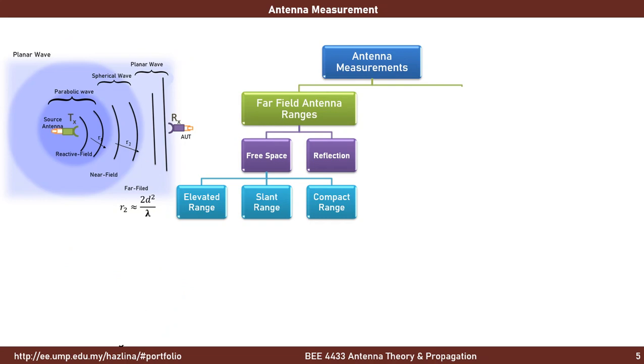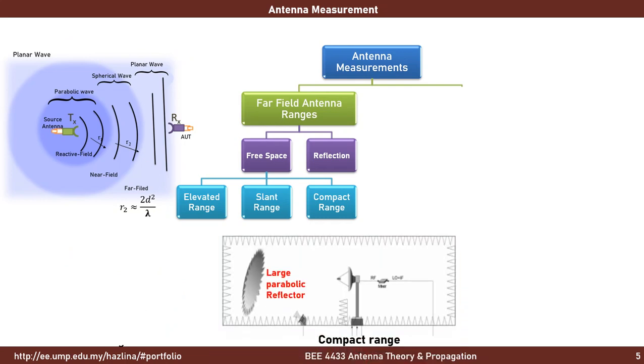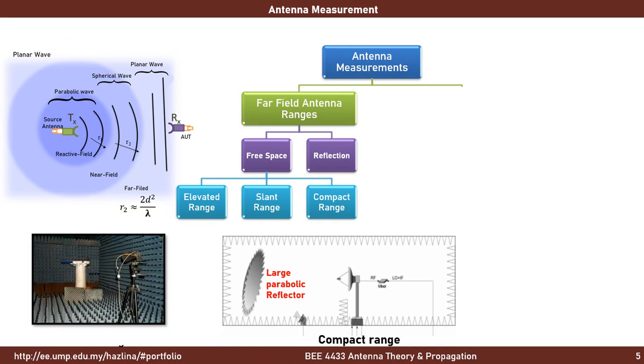The required distance in a compact range is usually so short that the implementation can be accomplished indoors. In a compact range, a uniform plane wave is generated by a large parabolic reflector. This is typically done in an anechoic chamber. Several types of chambers are available for antenna measurement, which are the fully anechoic and semi-anechoic chamber.